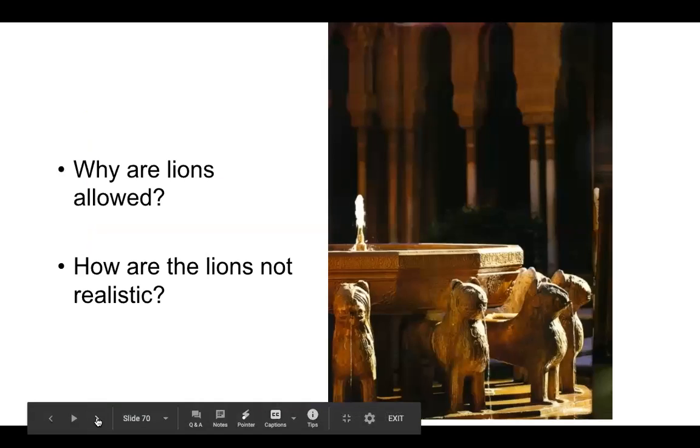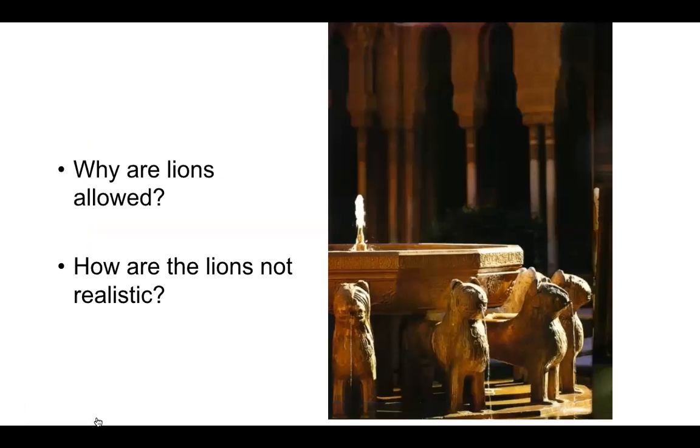Now the name of it comes from the water feature. And so if you look carefully, you can see almost lion-like creatures, and you may wonder why lions were allowed if those are living creatures. We haven't really seen representation of living things before. Is this a mosque?